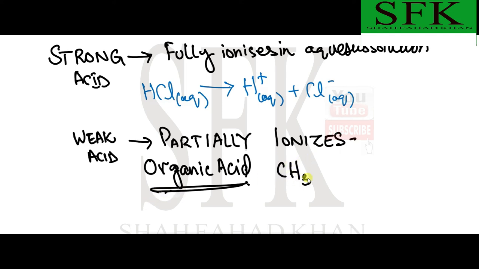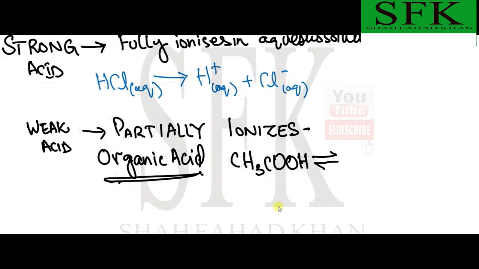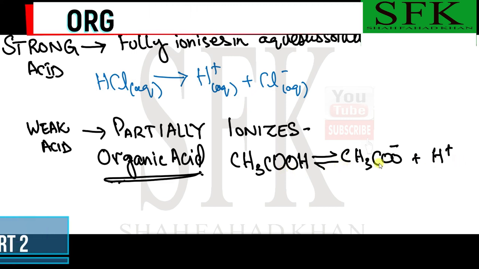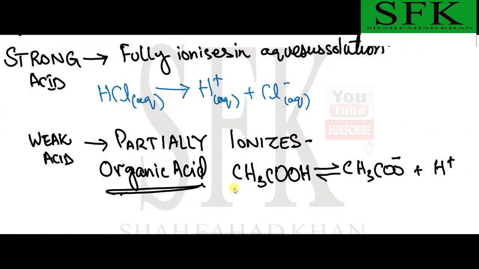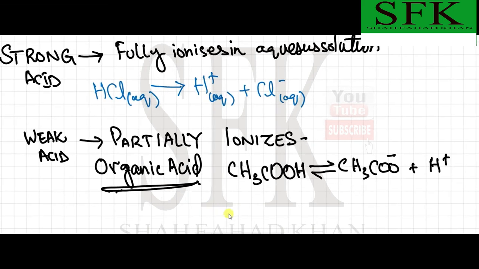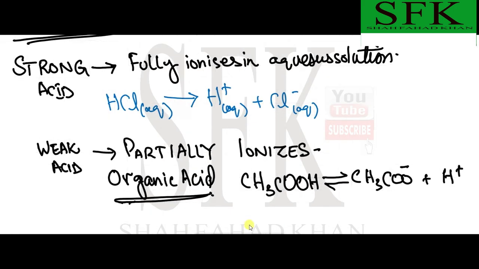For example, ethanoic acid, CH3COOH, is a weak acid. Why? Because it partially ionizes in aqueous solution. Not all the protons are donated; only some CH3COO negative ions and H positive ions are formed. It is not fully ionized in aqueous solution, that's why it's a weak acid. This was a basic intro on acids and bases.